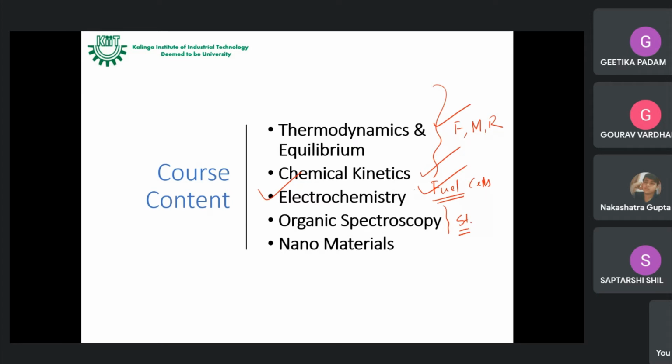And hydrogen is a greener source of energy. So we have given a lot of importance to fuel cells, and different types of fuel cells we have tried to discuss in the syllabus. Okay. So electrochemistry is given some priority because of these energy storage devices and alternative means to get the energy.